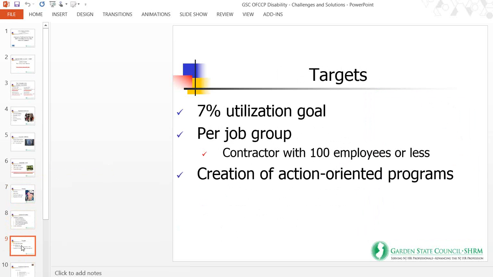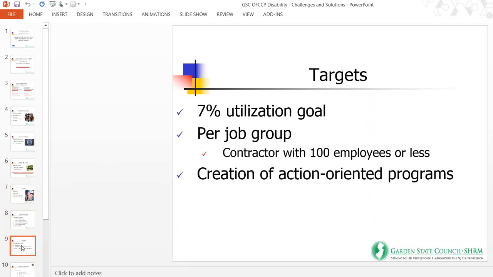Respectfully, I have no idea where the 7% came from, but that is supposed to be the goal within, in essence, every job group. And so you're supposed to do this analysis for every job group unless you're a contractor with 100 or less employees. In that case, you can look at it throughout the entire workforce as opposed to a particular job group.